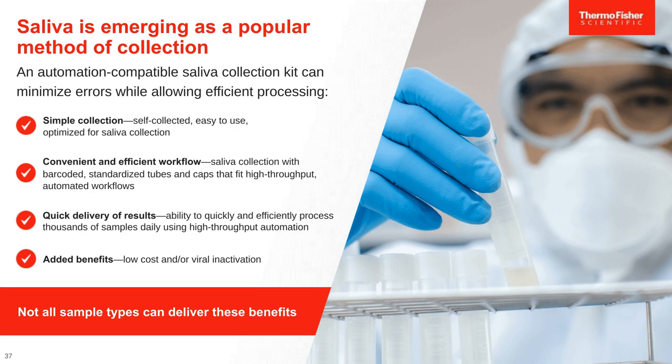In addition to these benefits, which are very useful for genetic testing, there is a benefit that has become of interest for pathogen detection: it is low cost, and especially the stabilized saliva provides some viral inactivation, allowing the samples to be processed outside of BSL-3 or BSL-2 labs. So it makes saliva a nice sample and kind of unique in that it covers all of this compared to buccal swabs and whole blood.